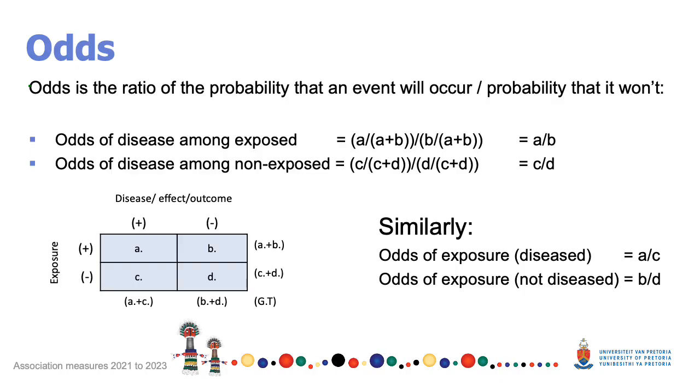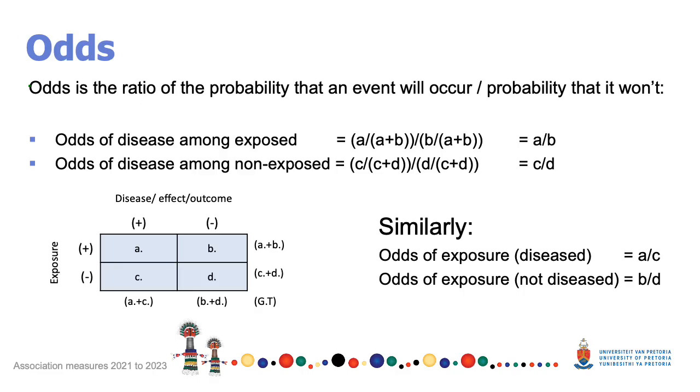Now, we can't always measure risk from our epidemiological studies because we don't always have a time component to the measurement, but with cross-sectional and other kinds of studies, we can look at the odds of disease amongst the exposed and the odds of disease amongst the non-exposed.